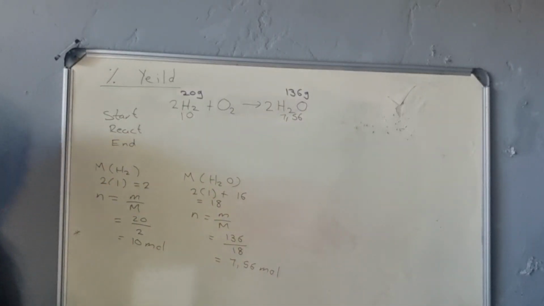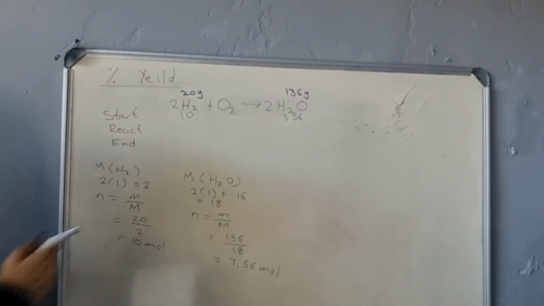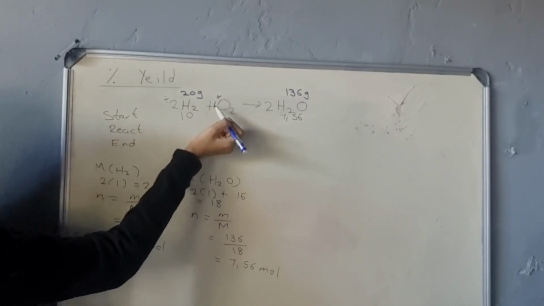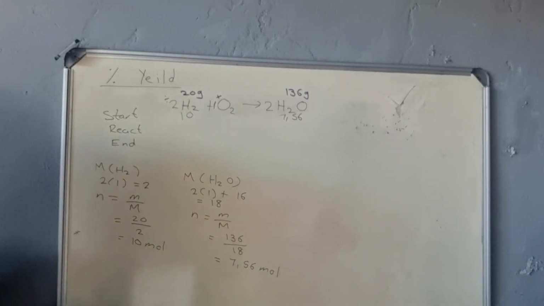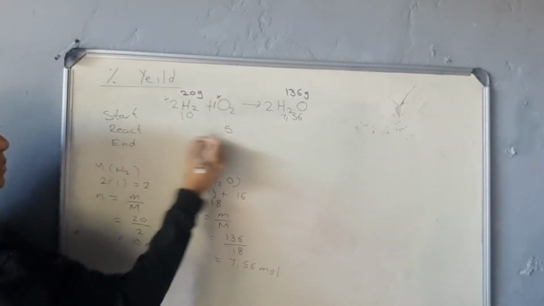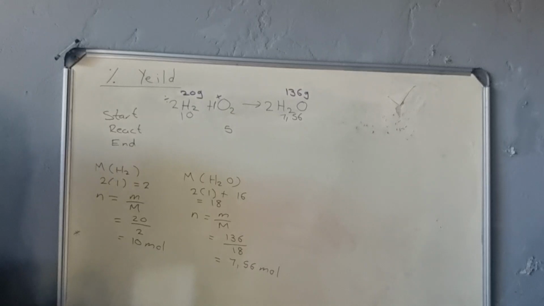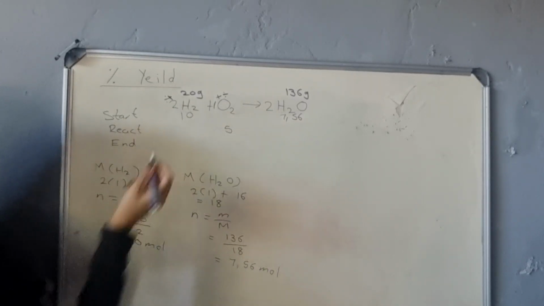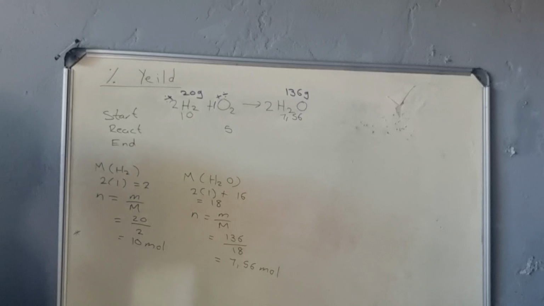Now we can easily find which is the limiting reactant. We'll say 10 divided by 2 times the invisible 1, and this gives us 5. So I'll write down 5 moles that's being reacted. Then you'll work backwards to find out which one is limiting. You'll say 5 divided by the 1 times 2, and this will give us 10.